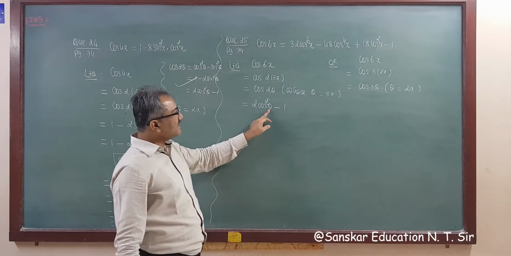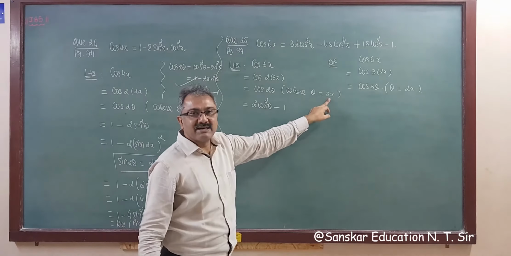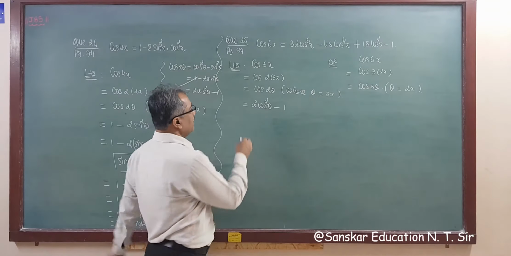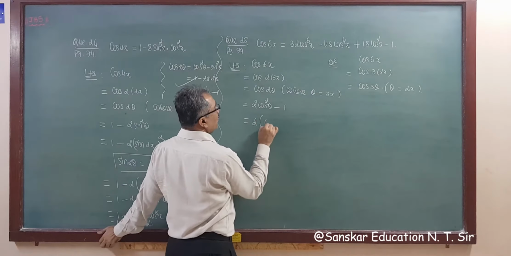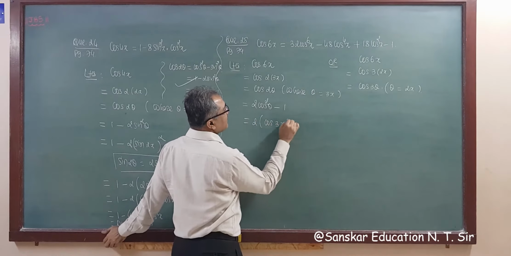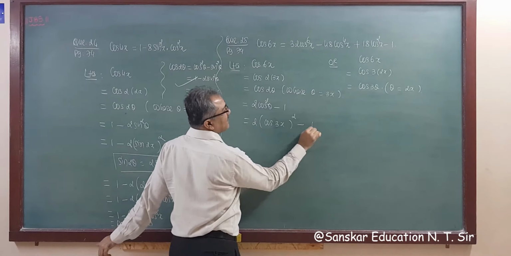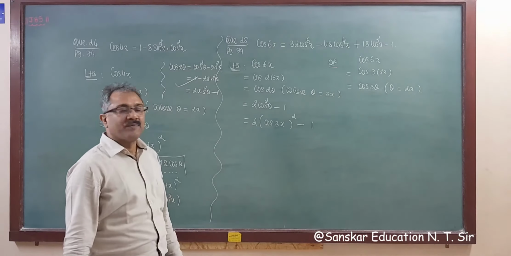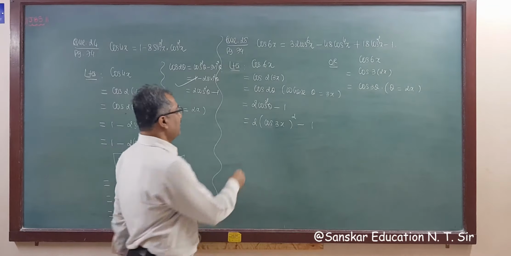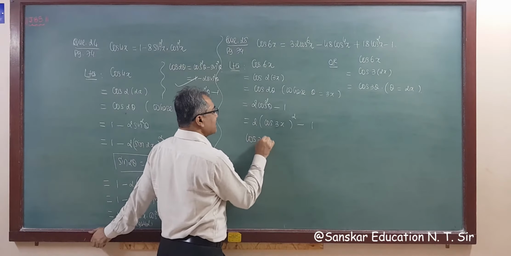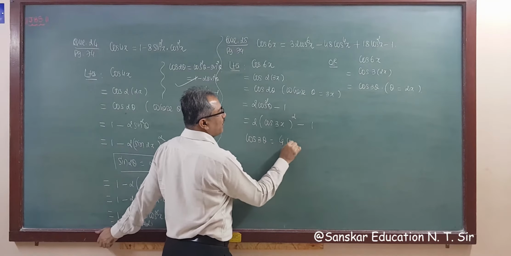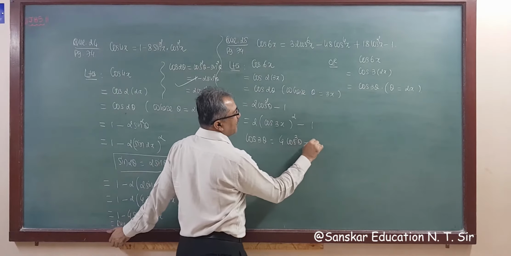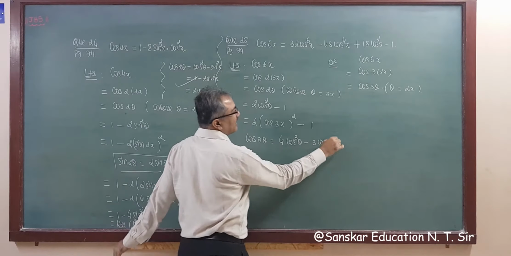Now theta is 3x. So substituting theta here, what do we get? 2 cos 3x whole square minus 1. Now the formula for cos 3 theta. Cos 3 theta is 4 cos cube theta minus 3 cos theta, that you know.